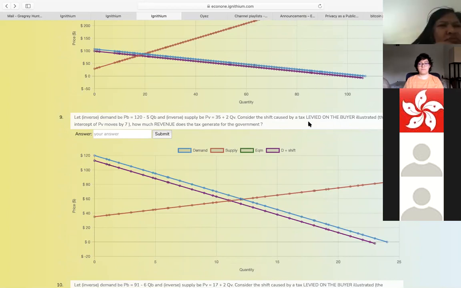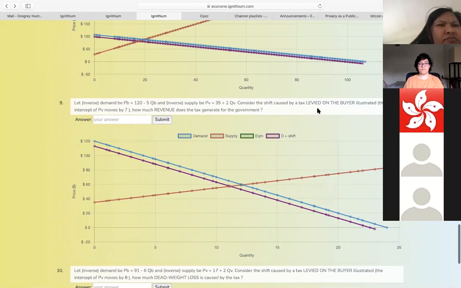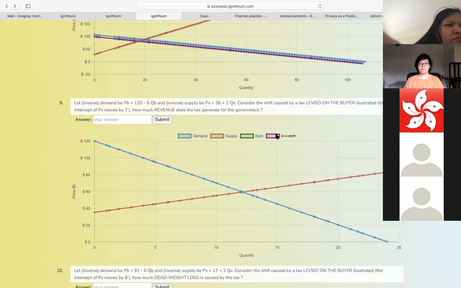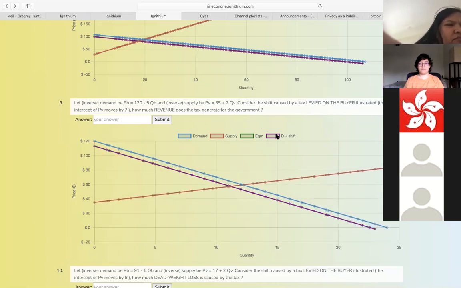The only difference here is that we're doing the same thing on 9, but this is a tax that's levied on the buyer. So instead of shifting the supply curve up, we can illustrate that by shifting the demand curve down. And it's shifted down by the amount of the tax.